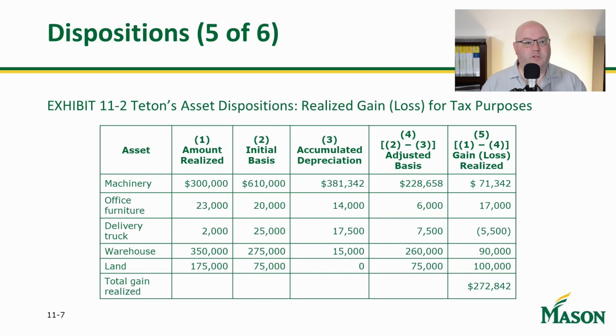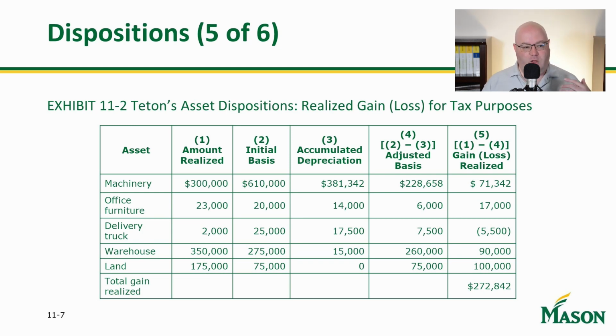Okay, 11.2. This is tenants' asset dispositions, realized gain or loss for tax purposes. This is an example that we kind of talked a little bit about. And here's the thing, folks.